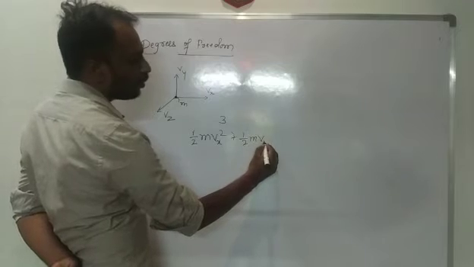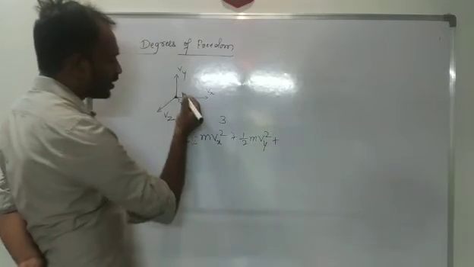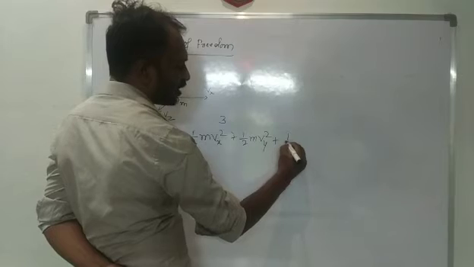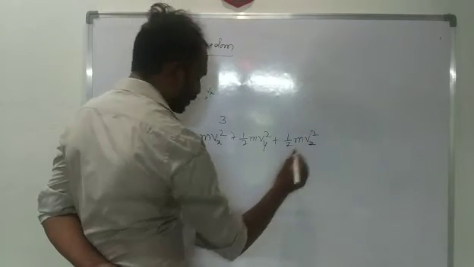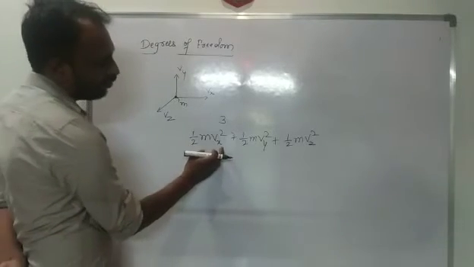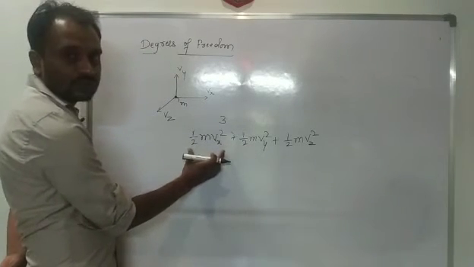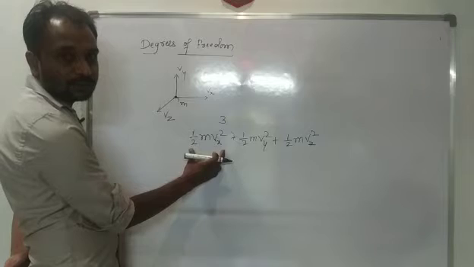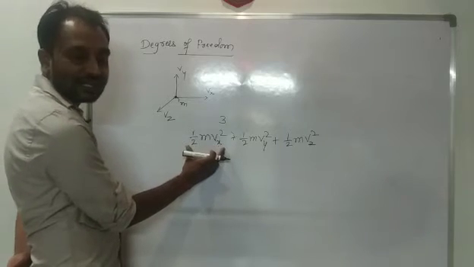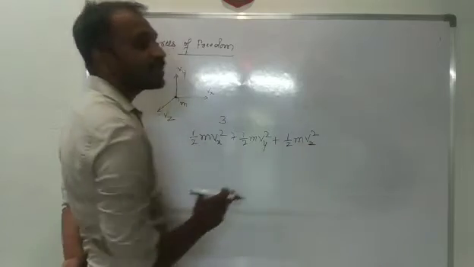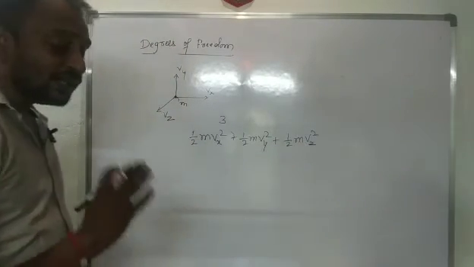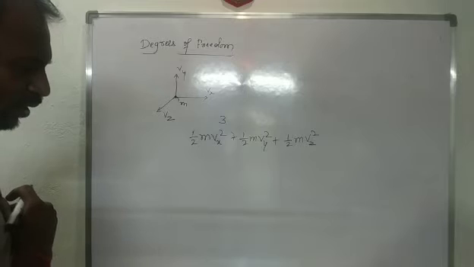Similarly, half m vy square along the y-axis, and if it moves along the z-axis, half m vz square. So half m vx square, half m vy square and half m vz square are the translational kinetic energies along the x-axis, y-axis and z-axis.